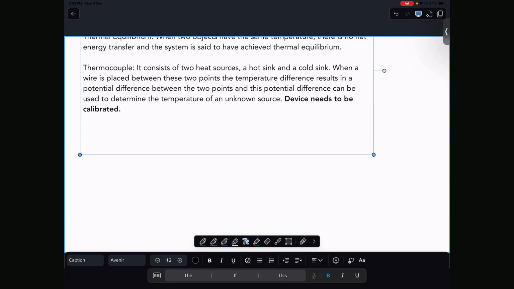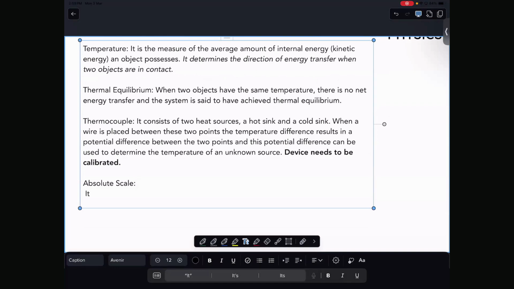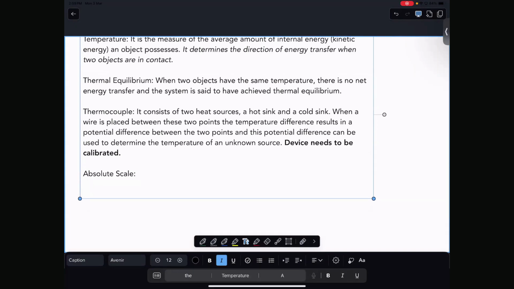a very traditional question. Can you tell me the absolute scale? What is the absolute scale of temperature? Absolute scale is measured in Kelvin, but what is the absolute scale? It is the temperature scale, which is based on... no, 2 minutes.